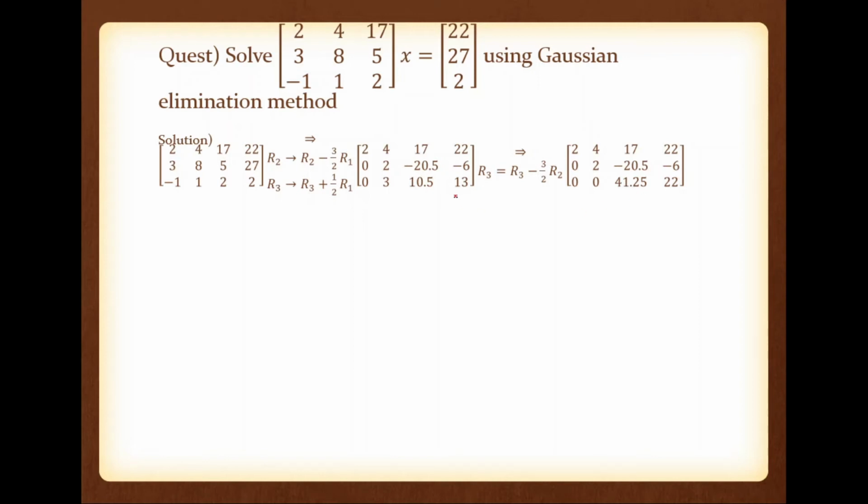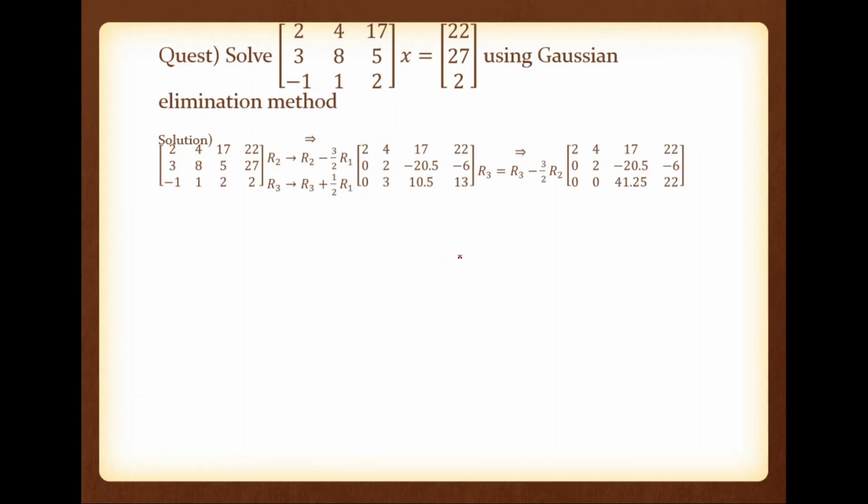Now here we have 13 minus 3 by 2 into minus 6, so again it will become plus, so that is 22. So this one is the final augmented matrix.